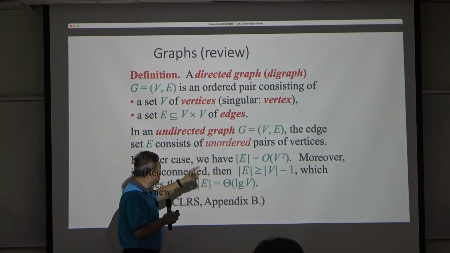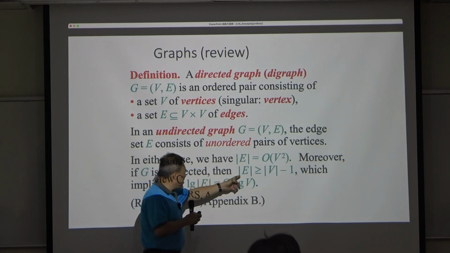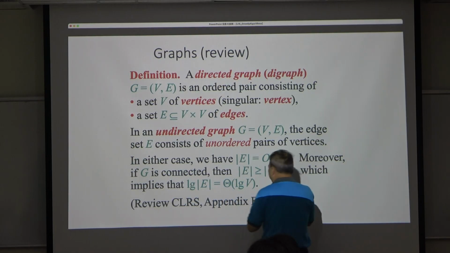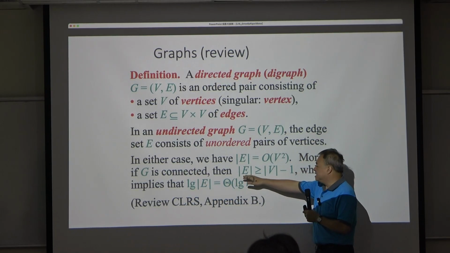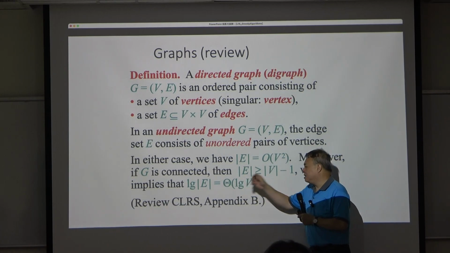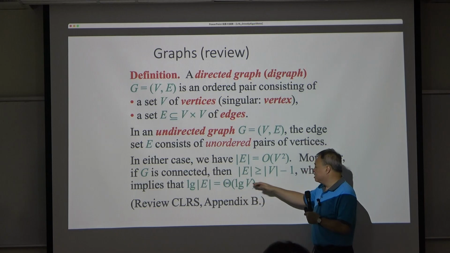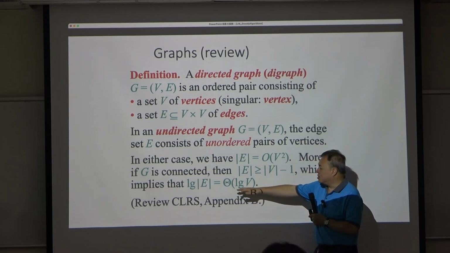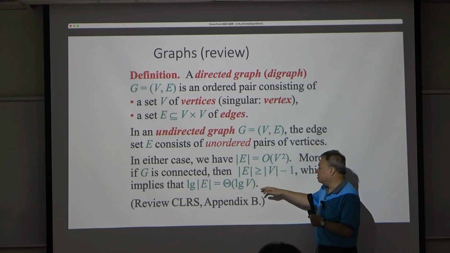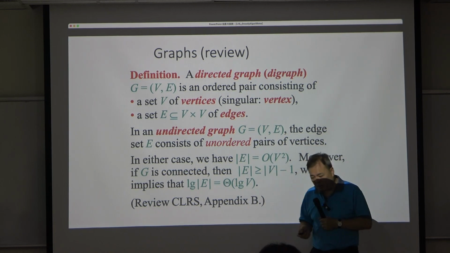If you take the log, it's 2 log V, right? And if the graph is connected, E is at least V minus 1. So you have an upper bound and a lower bound. If the graph is connected, log E is theta of log V. This is what you should have known.